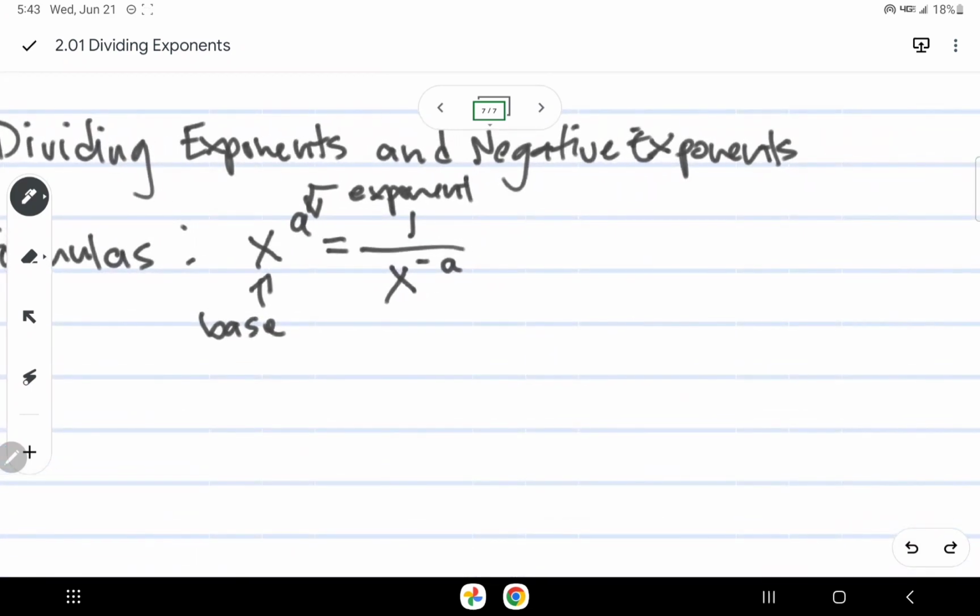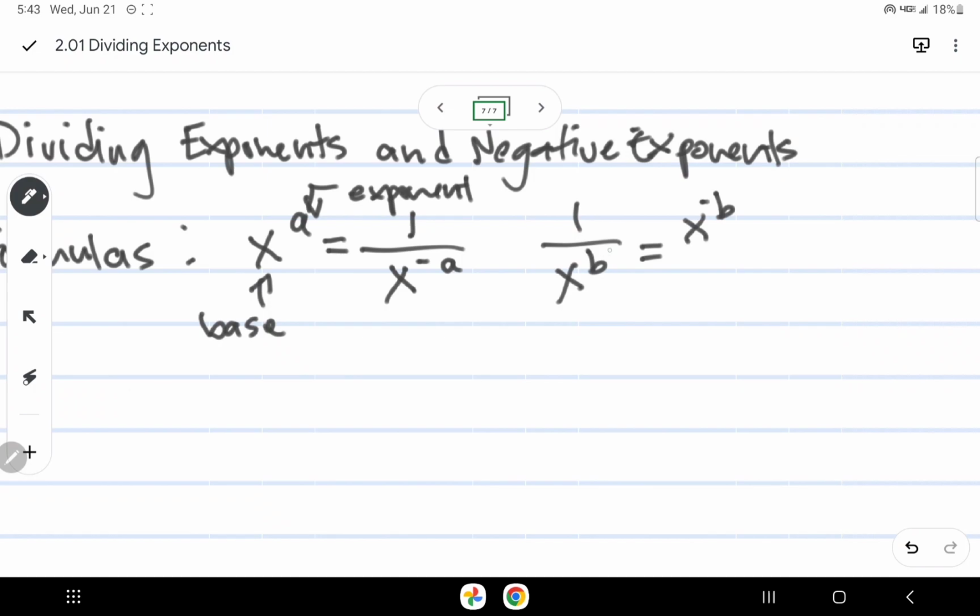And similarly, if you have, let's say, 1 over x to the b and you want to make it negative, right now our x to the power of b is at the bottom, so we will put it at the top. So it'll just be x to the power of b, and remember, when you move it from the bottom to the top or top to the bottom, whatever sign your exponent has will flip.